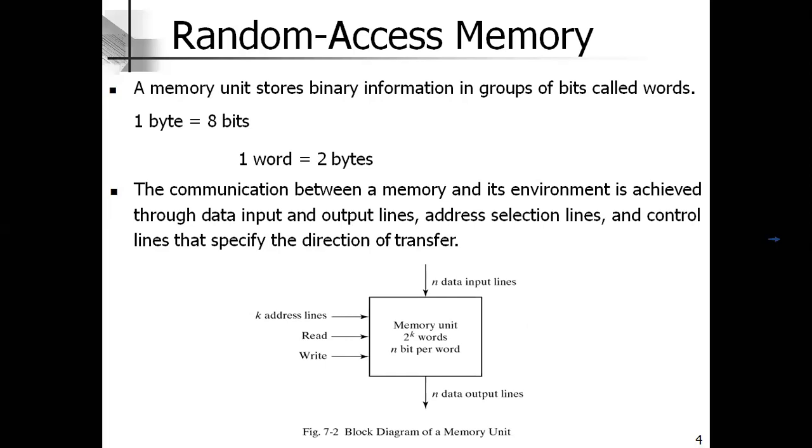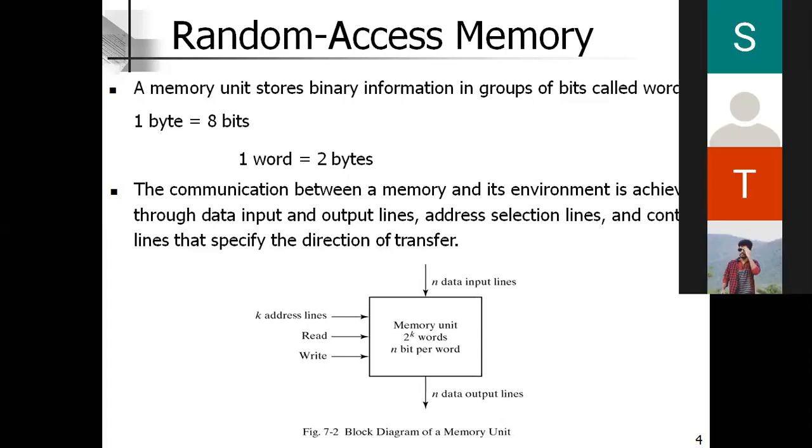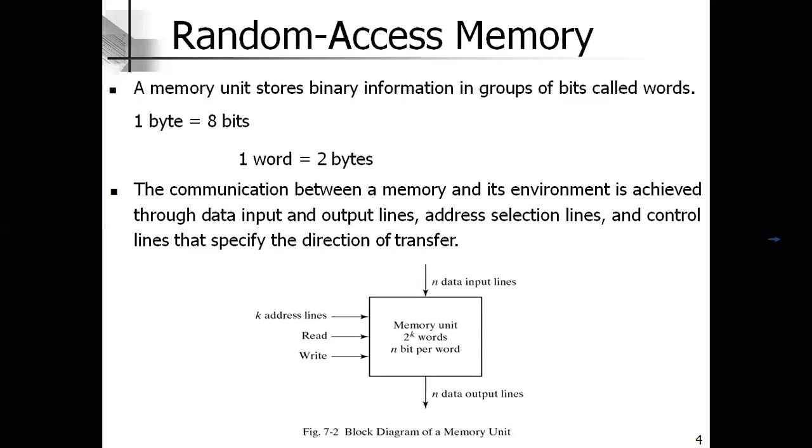So a memory is nothing but a collection of storage cells together with associated circuits needed to transfer information into and out of a device. So a memory unit is nothing but a collection of storage cells.